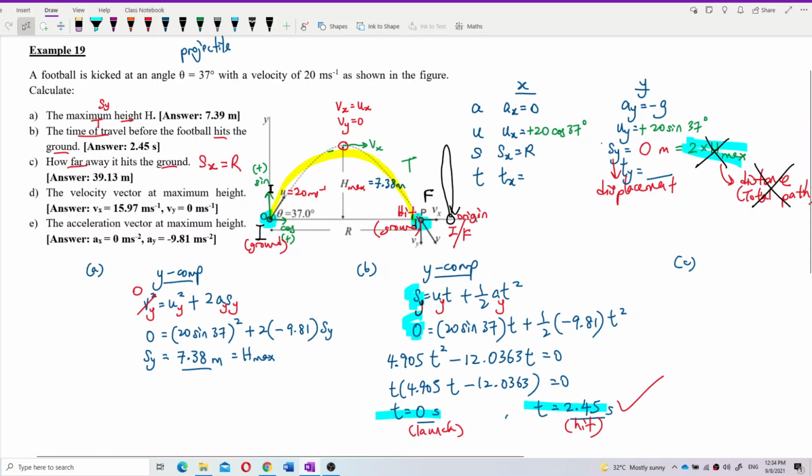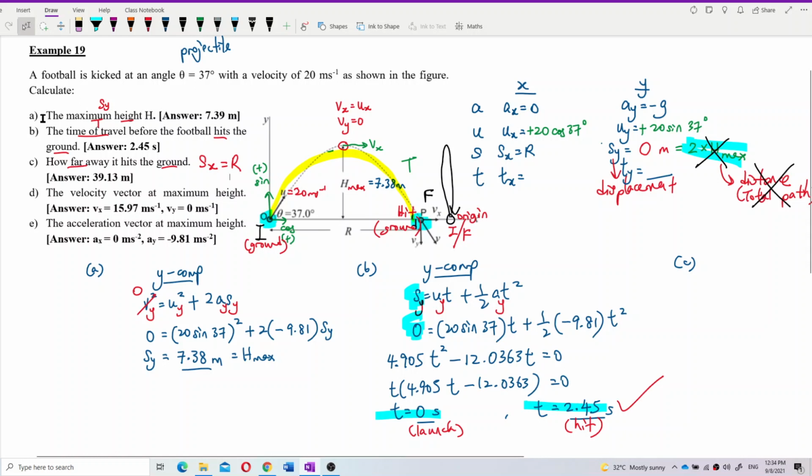This C condition is the same as the B condition, hit the ground, so they have the same final point.